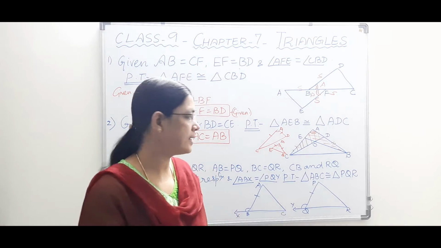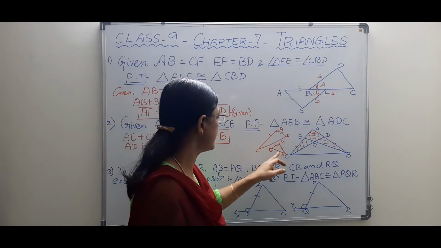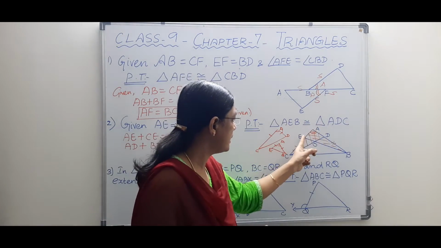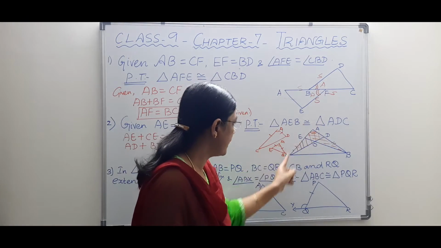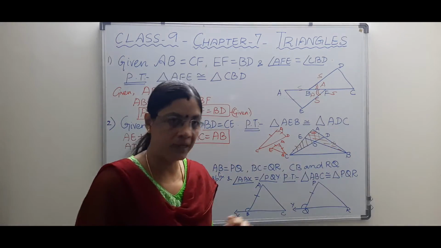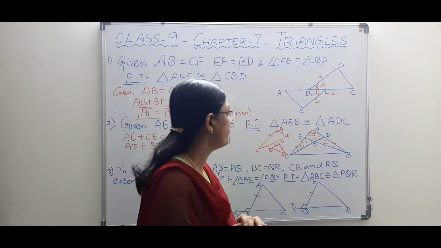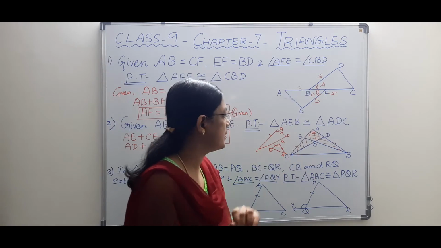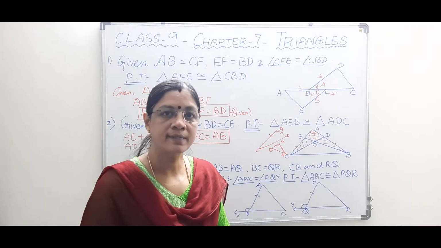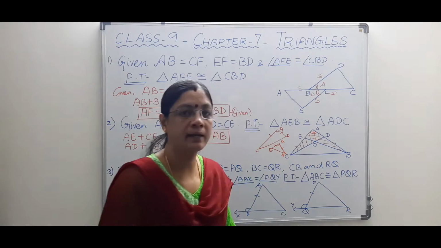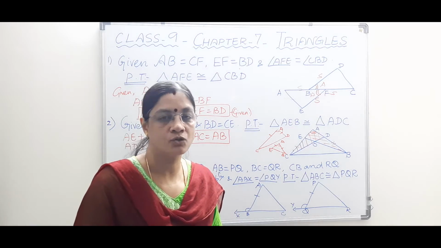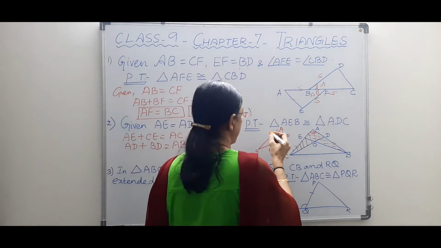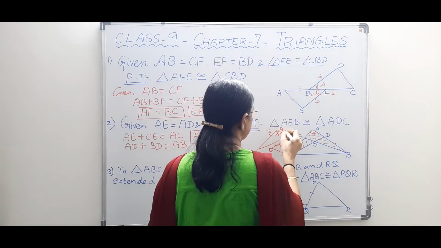Do you understand what I say? These two corresponding sides are equal: AE is equal to AD and AC is equal to AB, and the angle enclosed in between is also equal. So this is under SAS, again SAS criterion.